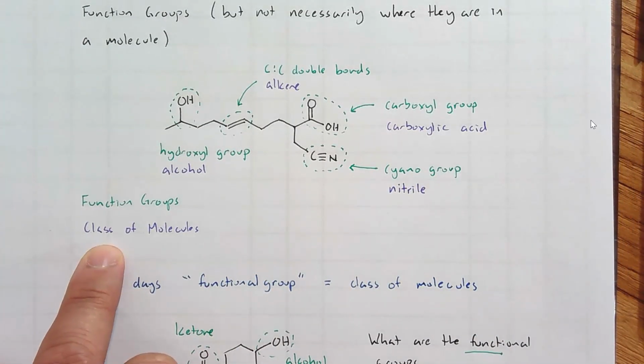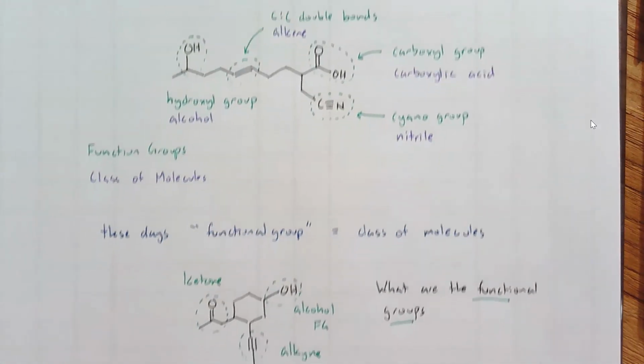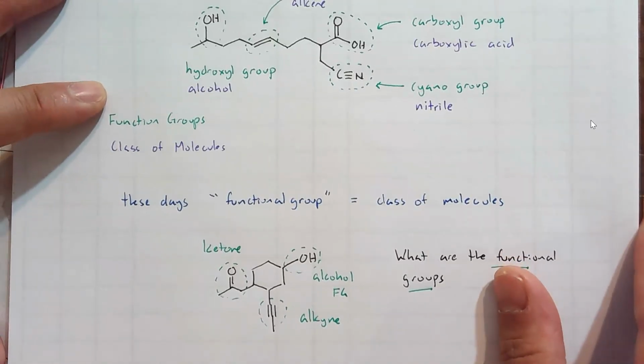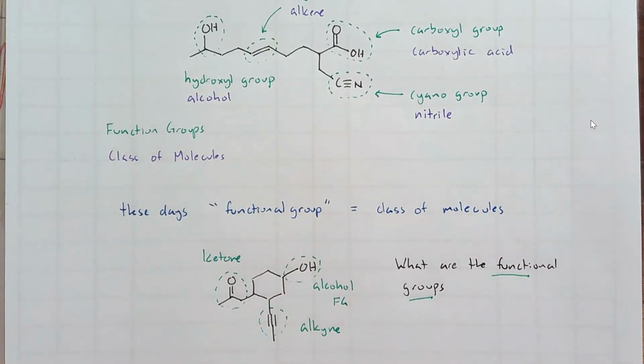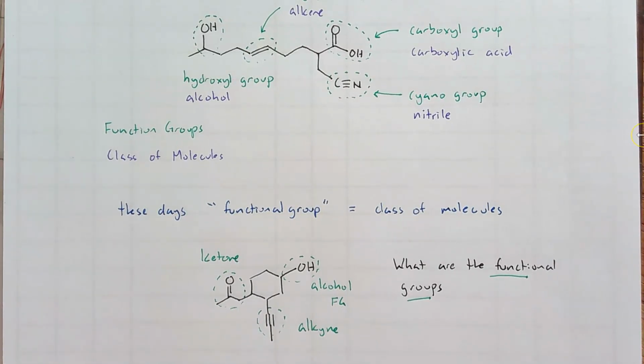Historically, those are a class of molecules, but we're going to think of those now as functional groups. I hope that wasn't too confusing. Alright, I will see you in the next video where we will start interpreting and learning how to memorize the different frequencies for each certain functional group.